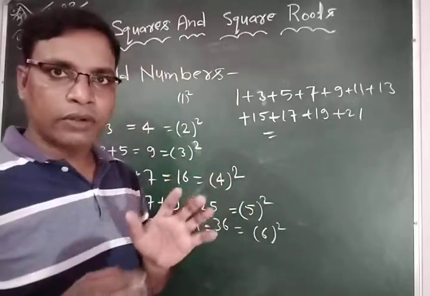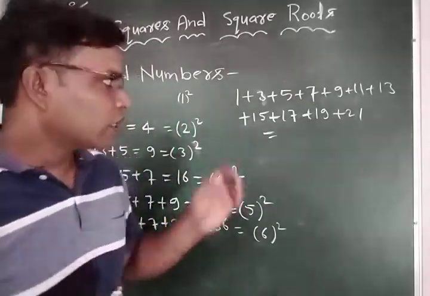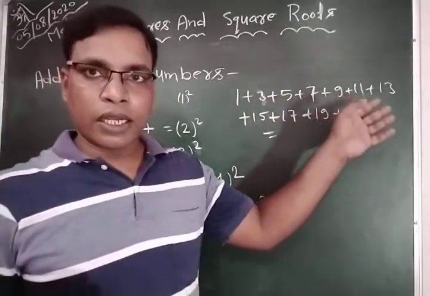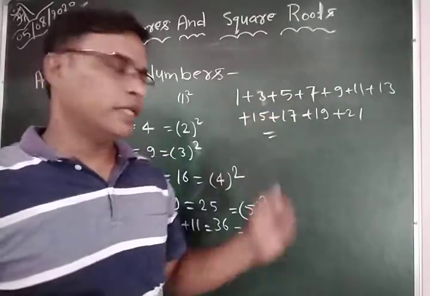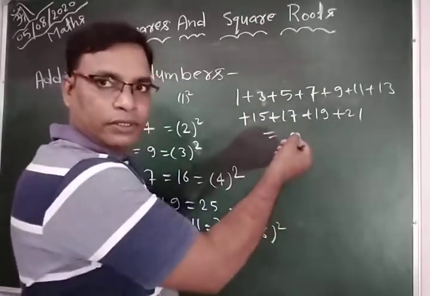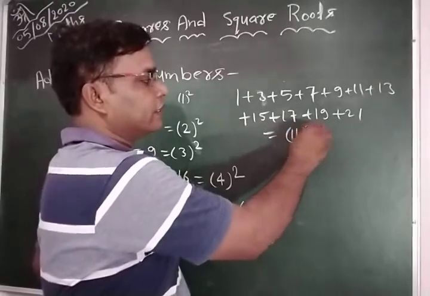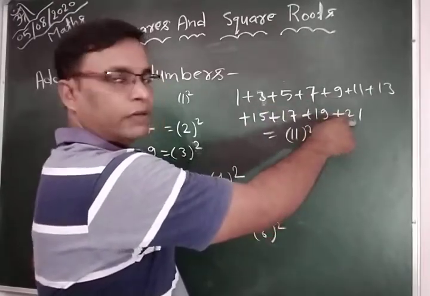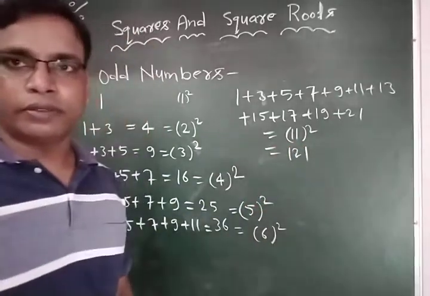There are 11 odd numbers. So the sum of these first 11 odd numbers is the square of 11, which is 11 into 11, equal to 121.